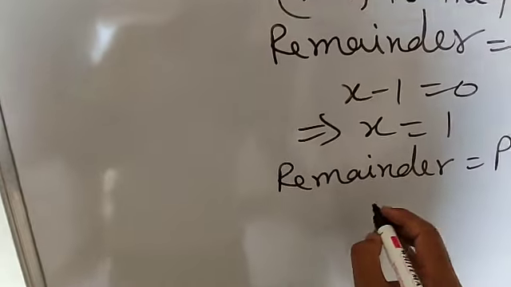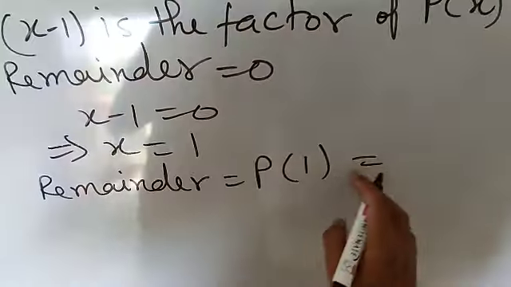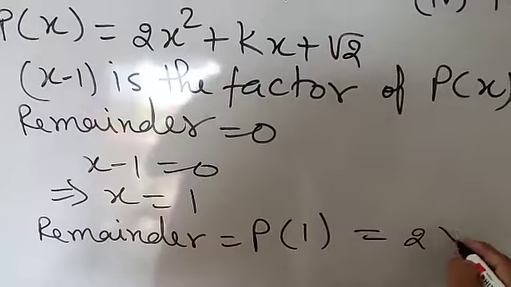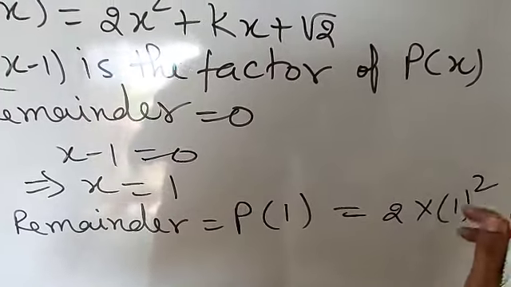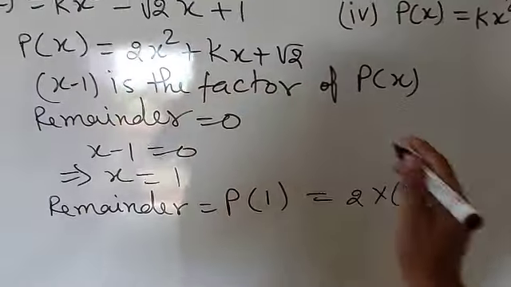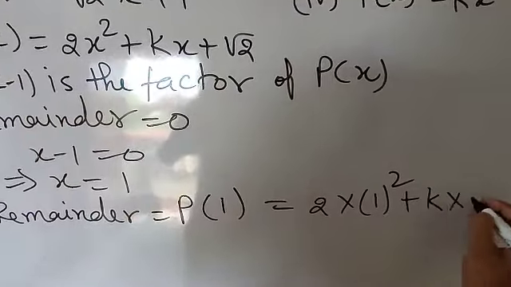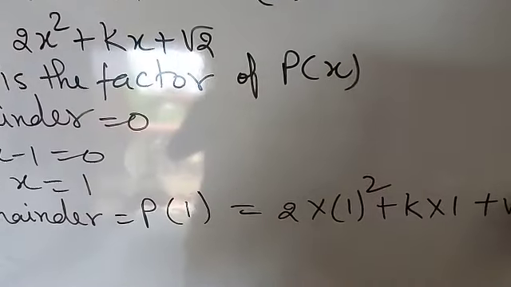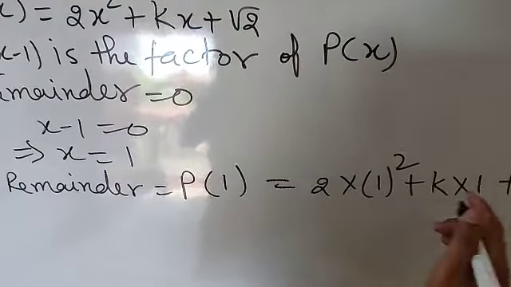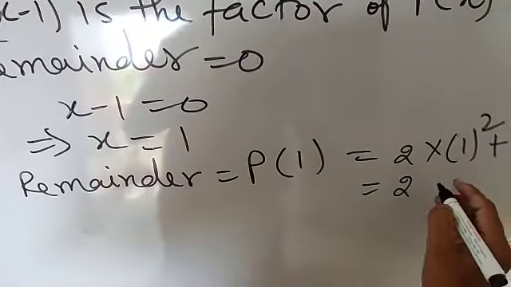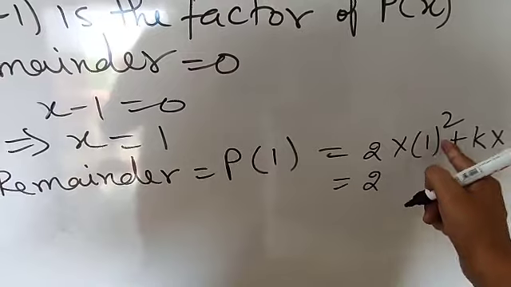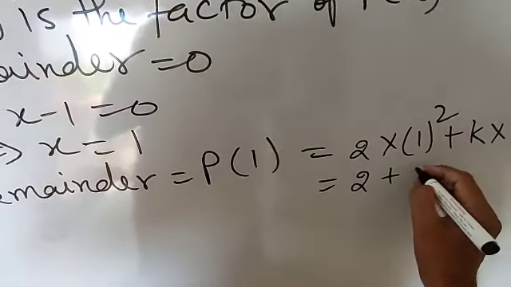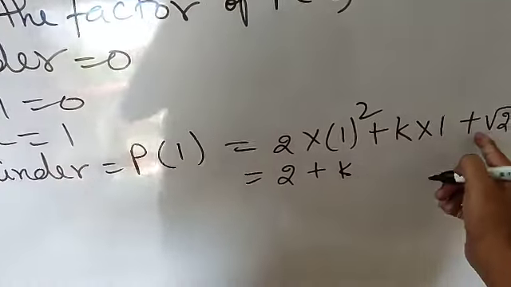So the remainder p(1) equals 2 times 1 squared, plus k times 1, plus root 2, the constant term. 2 times 1 squared is 2, plus k, plus root 2. That is the remainder.